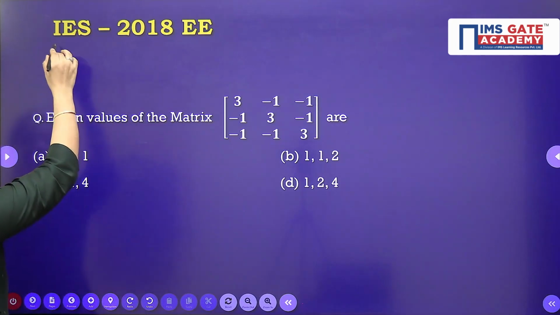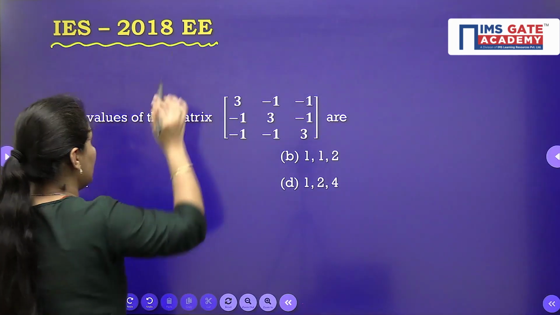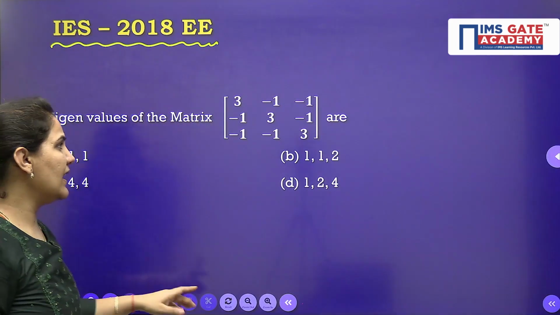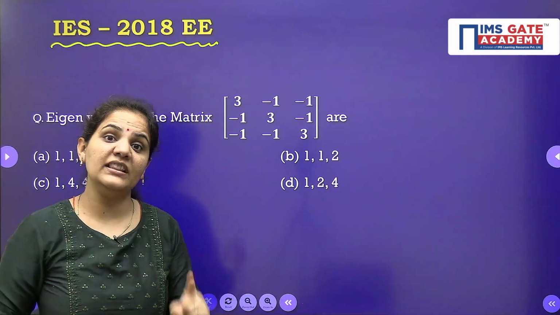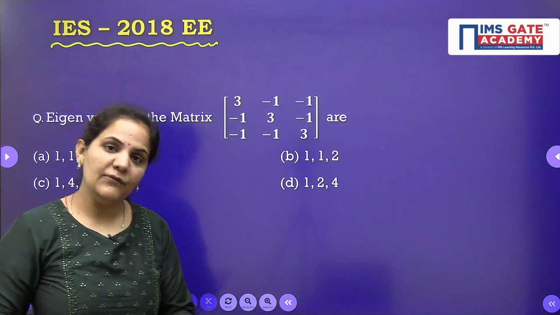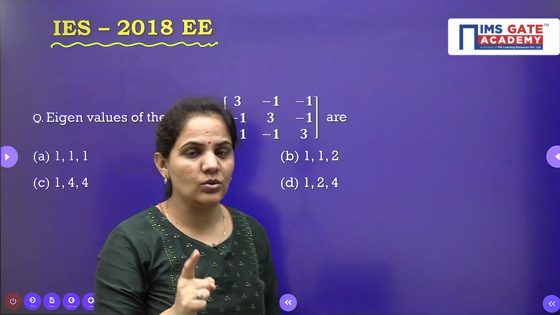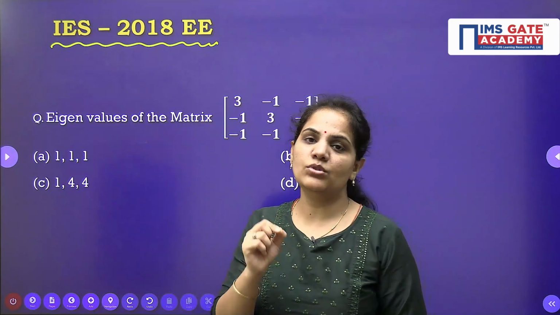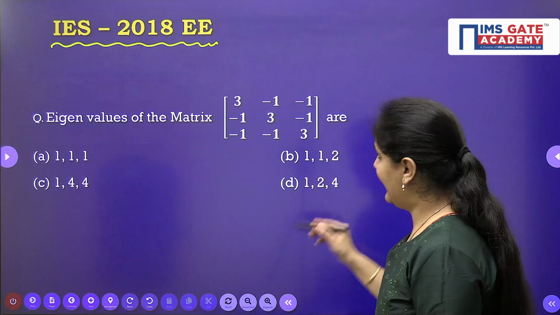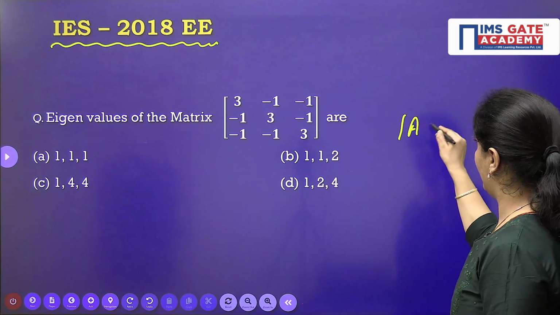This is an Engineering Services Exam 2018 question, and believe me guys, you can do this question within 10 to 12 seconds if you follow my trick, because finding the eigenvalue is a very typical task.